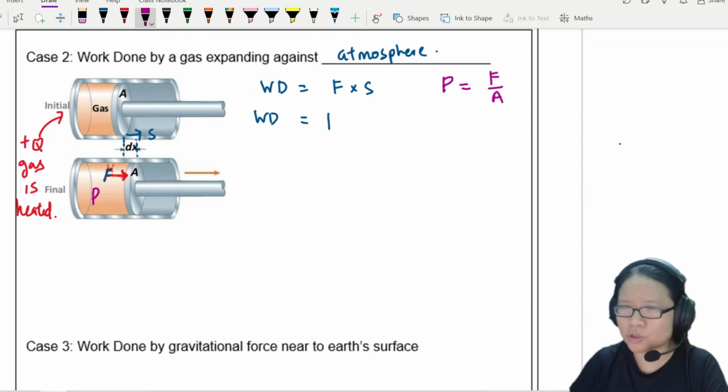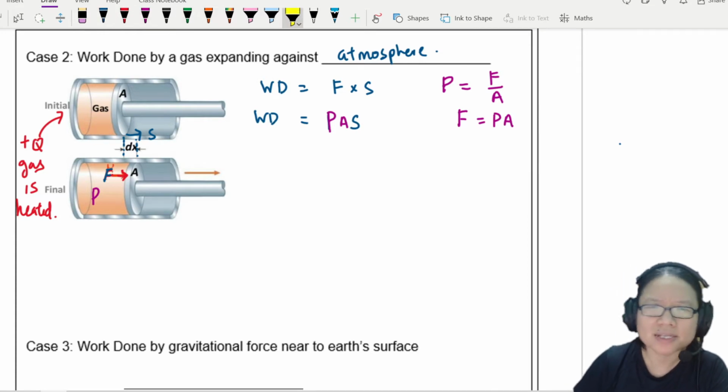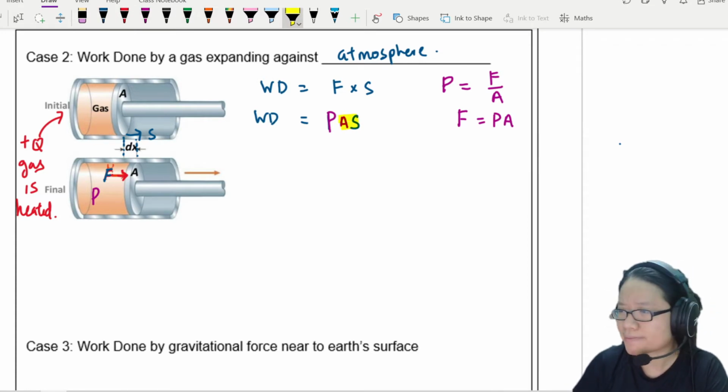Rearranging a bit, you get F is equal to PA, so work done is PAS.